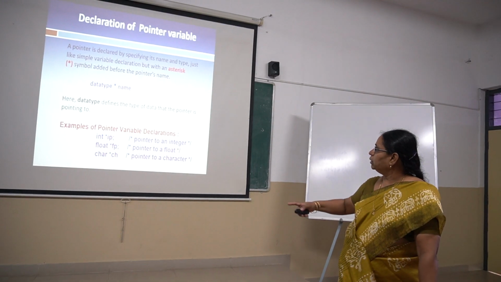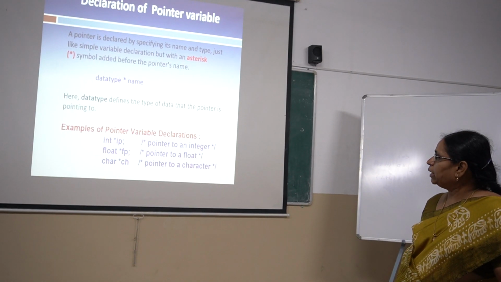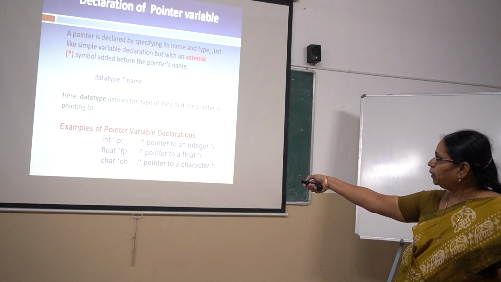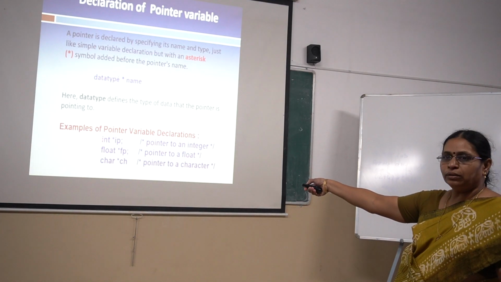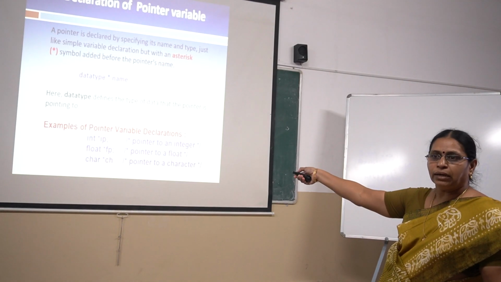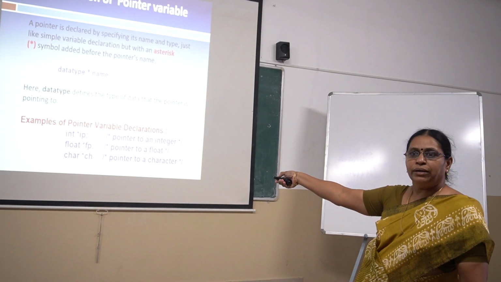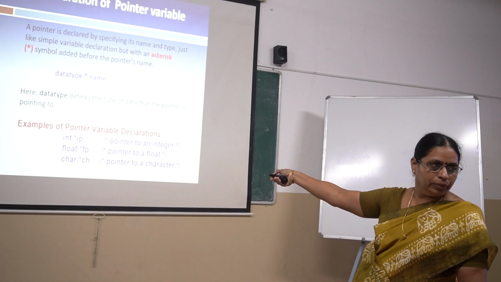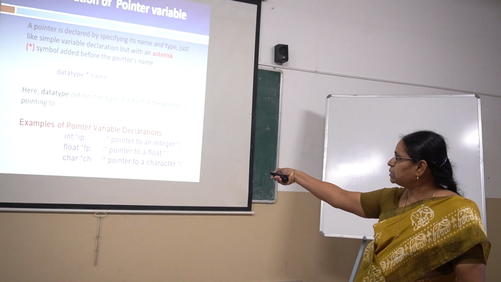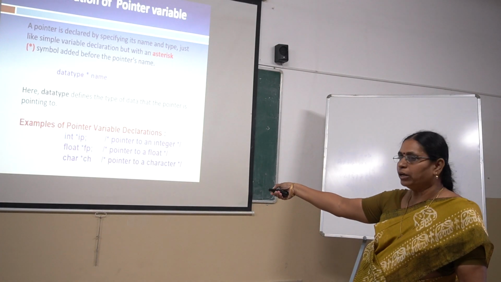For example, int *ip. Here int is an integer type, followed by the asterisk operator, and then the variable ip. The asterisk tells us that ip is a pointer variable. Similarly, we can use other data types such as float or char.